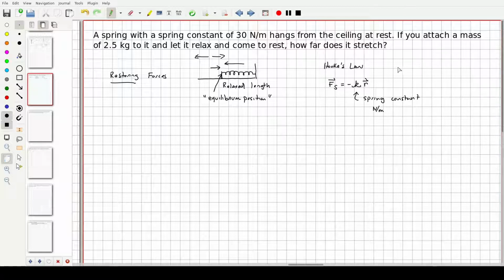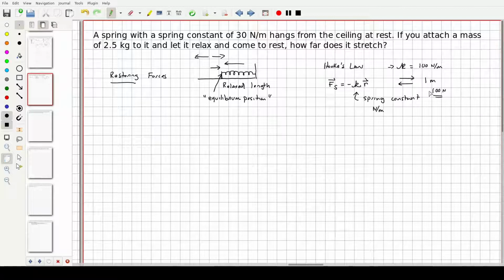So, for example, if you had a spring constant that was 100 newtons per meter, what this means is that if I were to compress your spring or stretch your spring by 1 meter, you would have 100 newtons of force acting on you. That's because the relationship between the force and how far you compress this thing is linear.